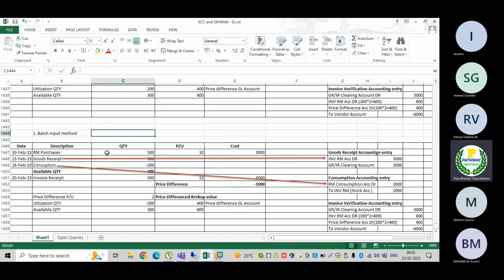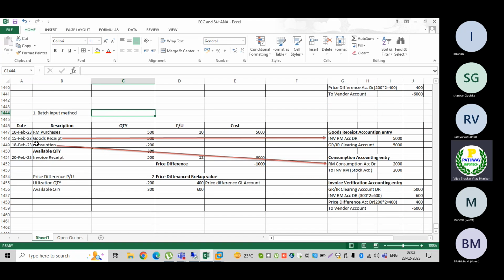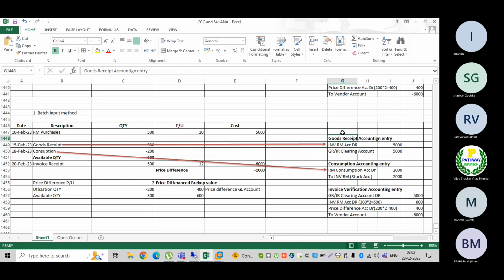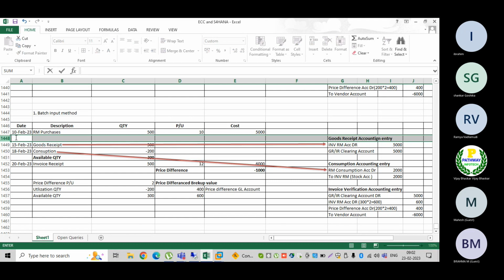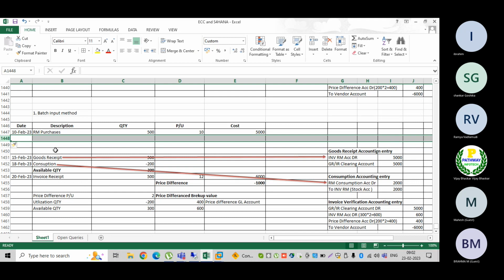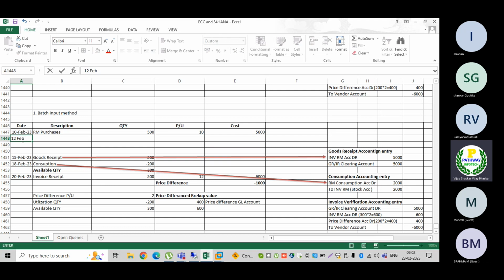So here, what will happen? In the batch input method, let us assume on 10th of February, we have placed one more purchase order, on 12th of February 23.